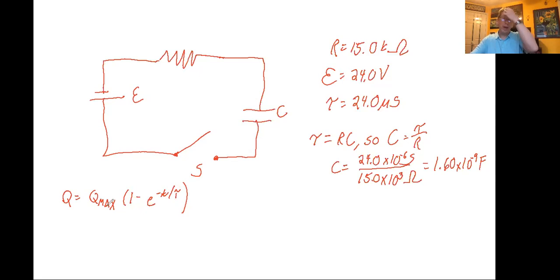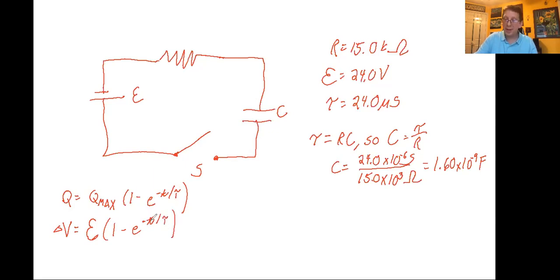Now, we multiply both sides by C. So Q times C is the voltage across the capacitor. Q max times C is the maximum voltage, which is the EMF. So that's just the fancy looking E, times 1 minus e to the negative t divided by tau.